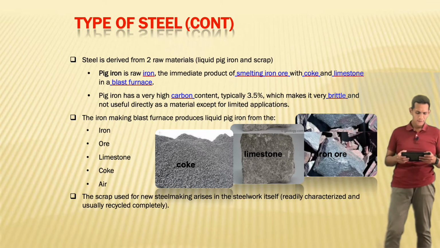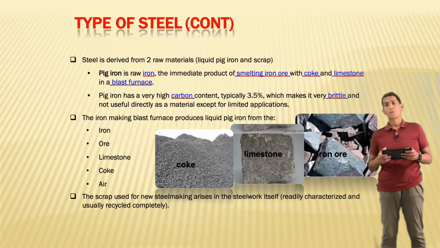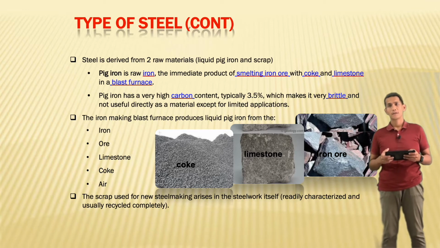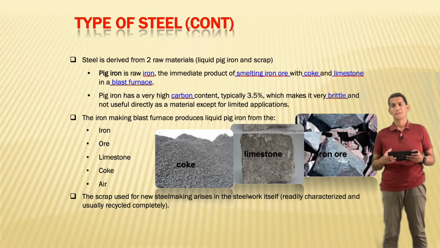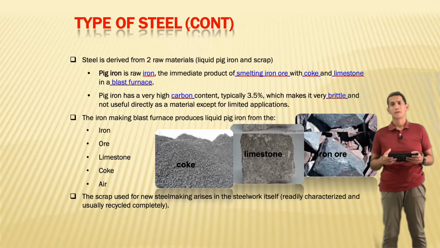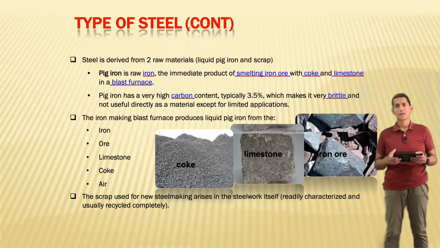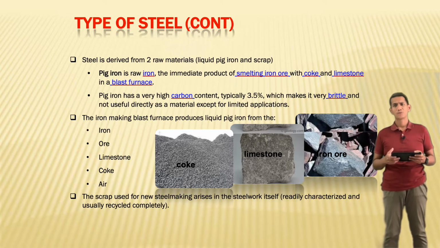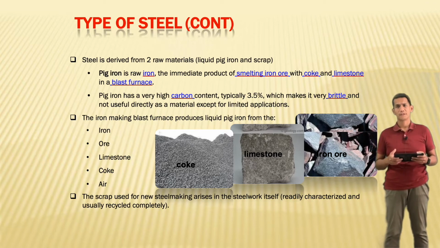Steel is derived from two raw materials, which are liquid pig iron and scrap. Pig iron is a raw iron, the immediate product of smelting iron ore with coke and limestone in the blast furnace. Pig iron has a very high carbon content, typically 3.5%, which makes it very brittle and not useful directly as a material except for limited application.